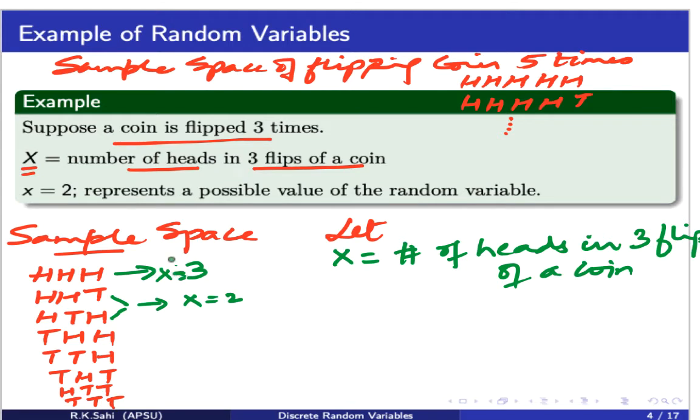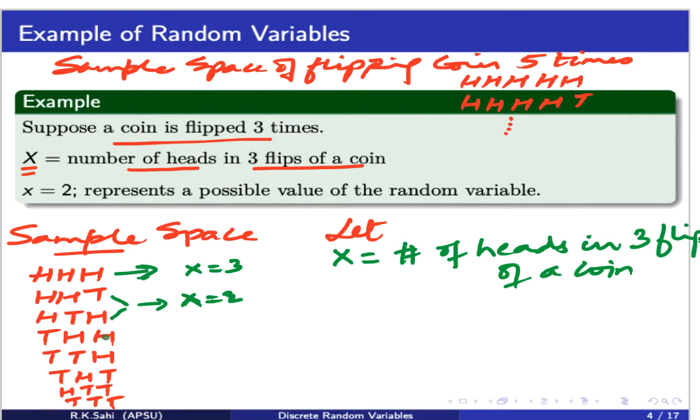So these are the various values here, you know. Let me write a nicer one here. So this event or outcome in the sample space says X is 3. And this one says this capital X, that means there are 2 heads appearing. Oh, there's another one, I forgot.